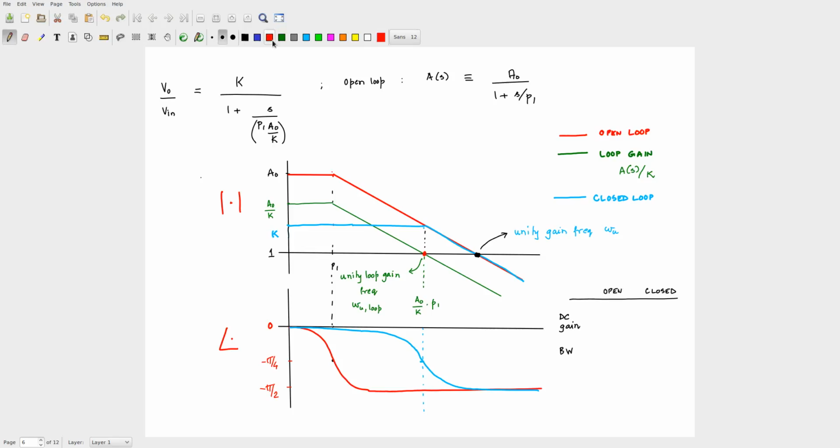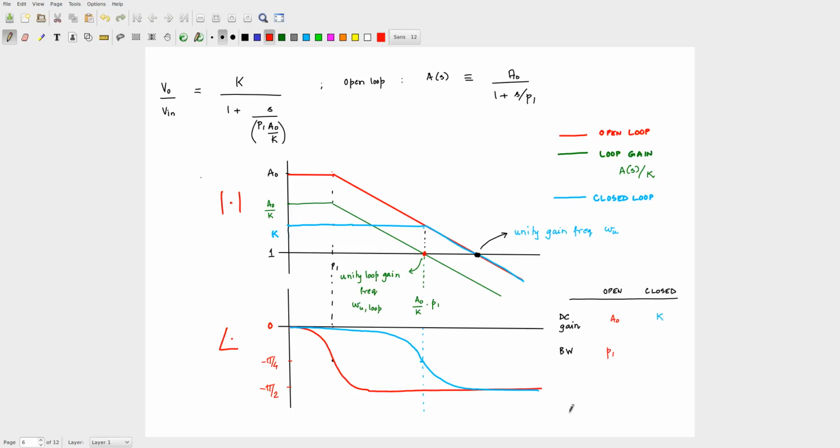So what's the DC gain for this guy? Open loop, let me write with red. DC gain is A naught. Closed loop DC gain is K. Okay, what's the bandwidth of the open loop case? P1. What kind of bandwidth is this?